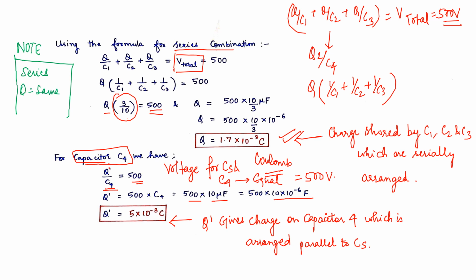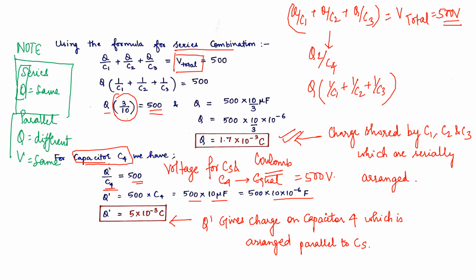See, S and Q are nearby, right? S and Q are nearby, so they will be the same. And in case of parallel combination, Q will be different and V will be the same.